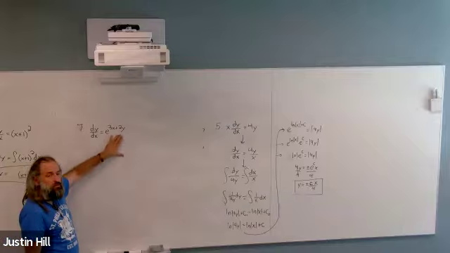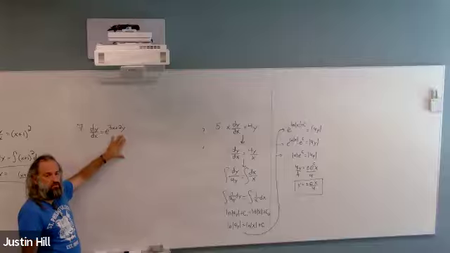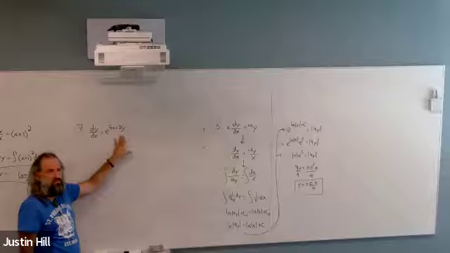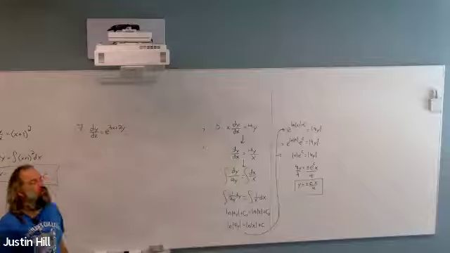So how can we rewrite this right side? Using properties of exponents, how can we rewrite it so that it's not just e to an x power plus a y power?